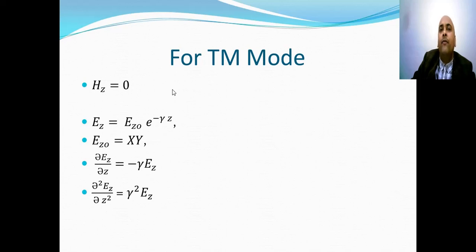So first we are finding the values of electric field and magnetic field in a waveguide for TM mode. For TM mode, we have already concluded that Hz is always equal to 0, and Ez, as we discussed earlier, can be expressed as Ez0 into e raised to power minus gamma z, where gamma is the propagation constant and Ez0 is the value of Ez at z equal to 0.